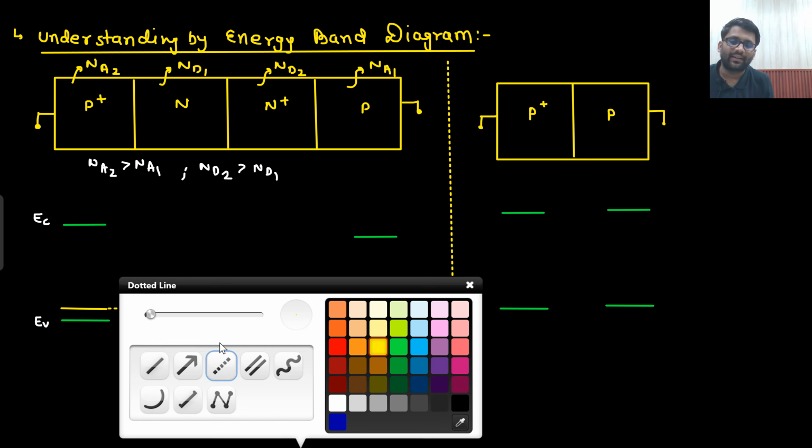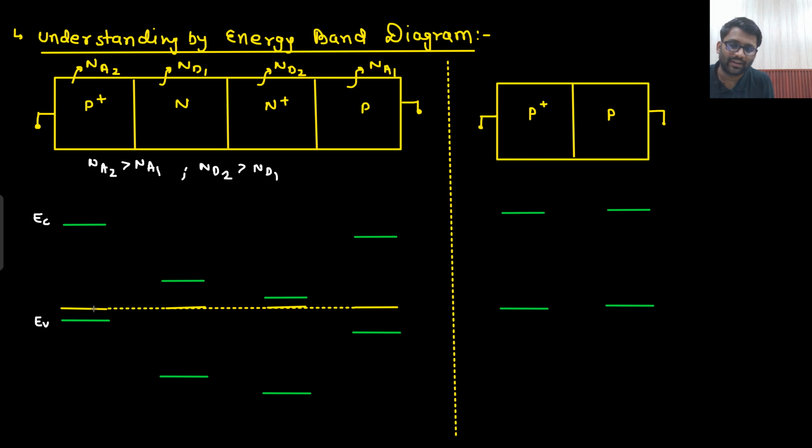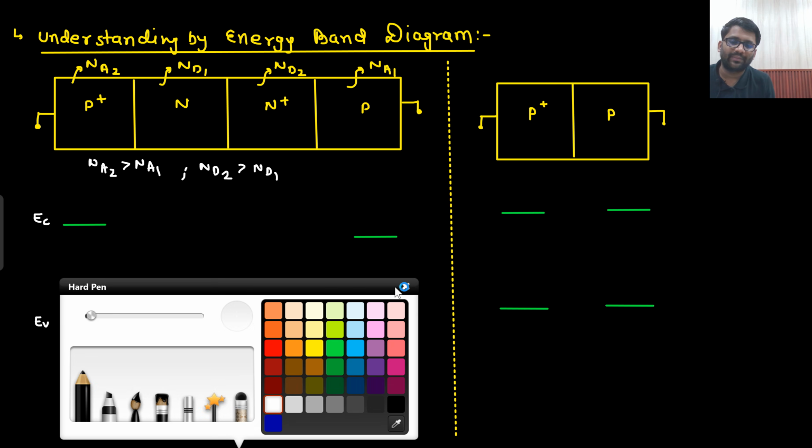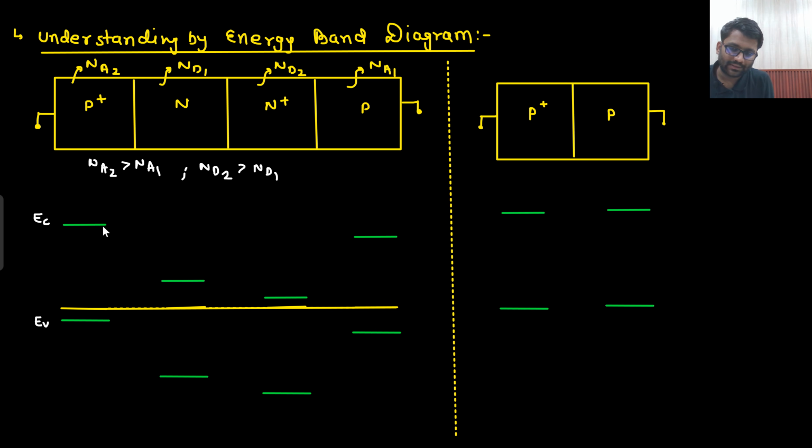So now you can see that now this has become my effective Fermi level, right? So what kind of energy band diagram I will be getting? This kind of energy band diagram I will be getting. Effectively, this will be my energy band diagram.